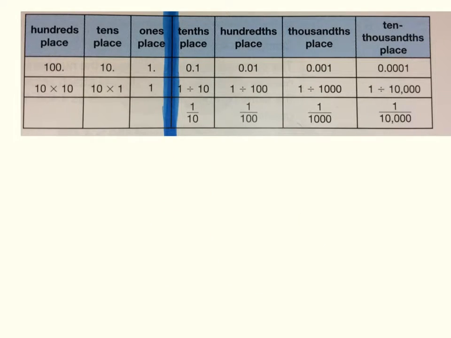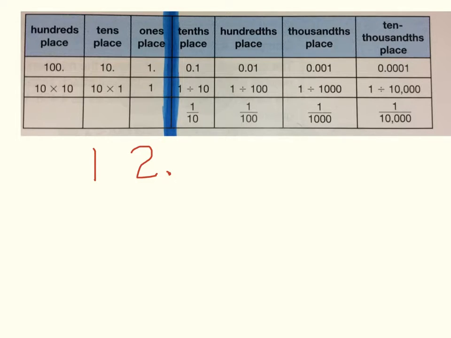Now just to look at a couple more, just so you're seeing it fully and getting it really solid in your head, if we were to have 12 and 625 thousandths, go ahead and write that. How would you write 12 and 625 thousandths?